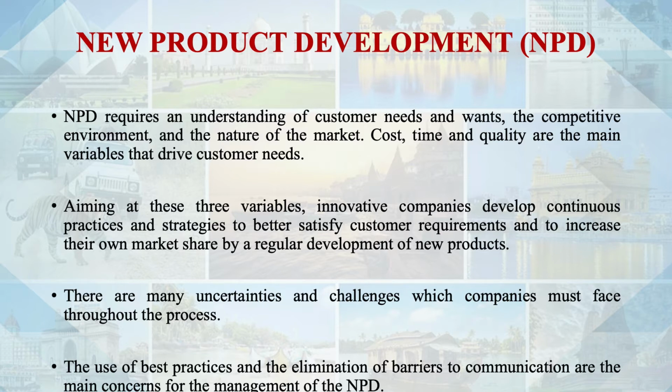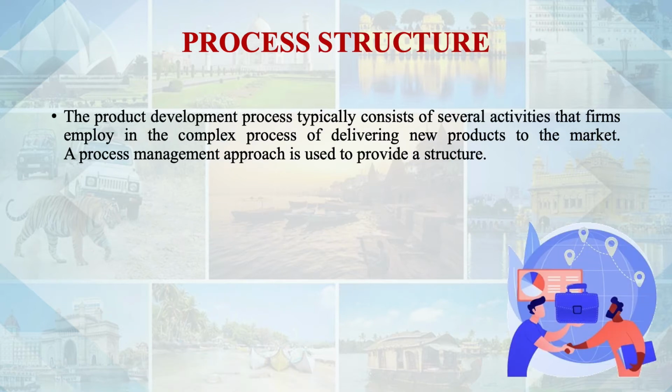The process structure. The product development process typically consists of several activities that firms employ in a complex process of delivering new products to a market. A process management approach is used to provide a structure.